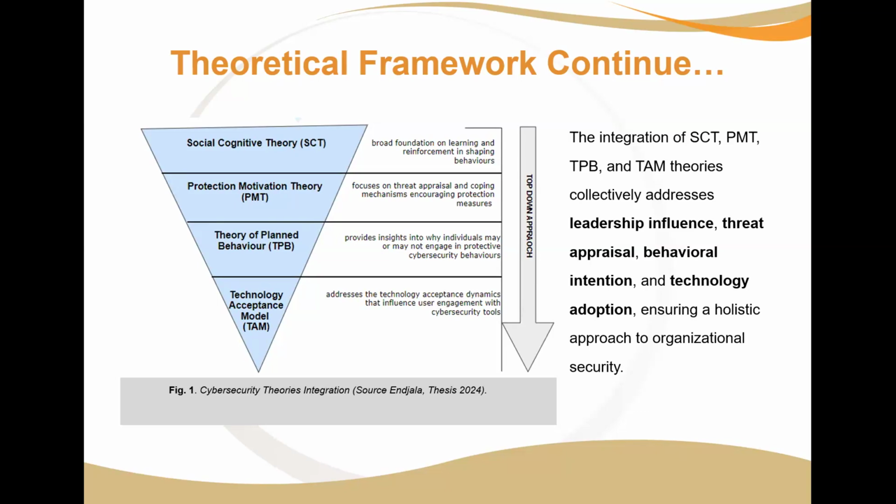So having said that, we realize that for one to integrate these theories into the organizational culture, it is important that if you apply them from a top-down approach, you have a logical progression from the general human behavior principle, going to the focused theory on security behavior for any employees, and then later moving into the technology acceptance to say, am I able to use this technology much better?